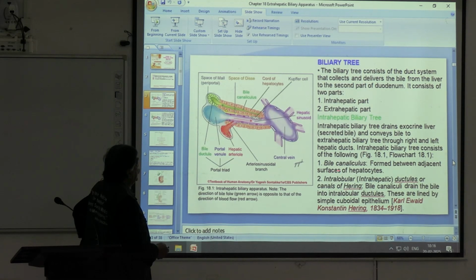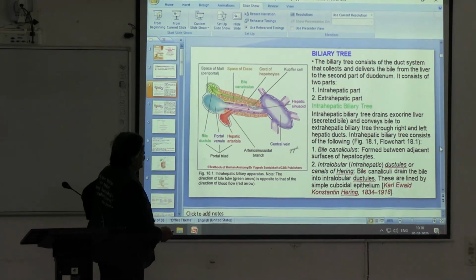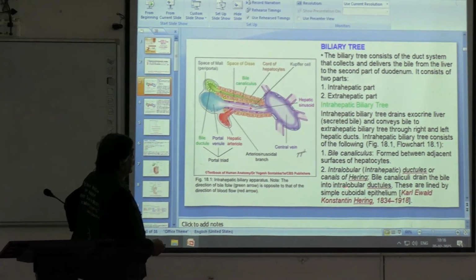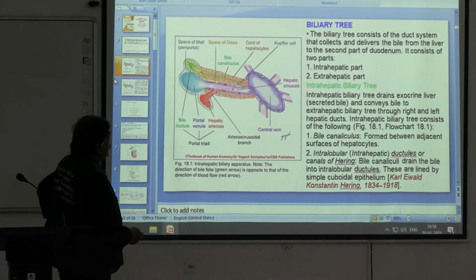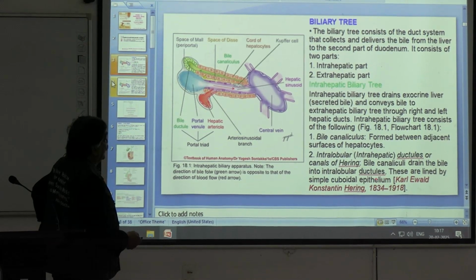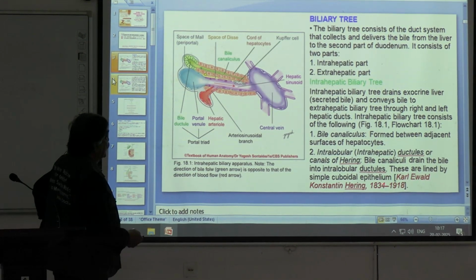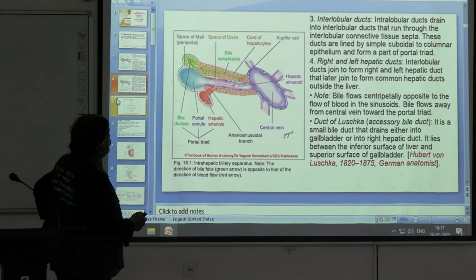Now, the intralobular ductules or canals of Hering: bile canaliculi drain into interlobular ductules, lined by simple cuboidal epithelium. The interlobular ducts run through the interlobular connective tissue septa. These ducts are lined by simple cuboidal and columnar epithelium and form part of the portal triad.